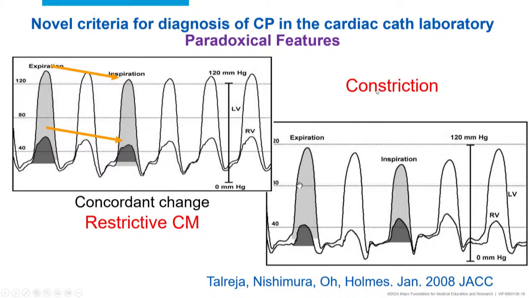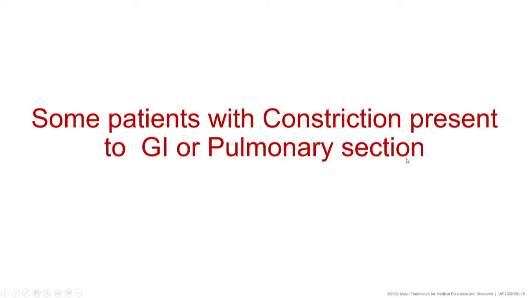But in constriction, as I showed you, with inspiration LV pressure goes down, but RV pressure goes up. So you have a discordant pressure change. That's what our colleagues in the cath lab now use for diagnosing constrictive pericarditis, as well as other interventricular dependence in pericardial disease.